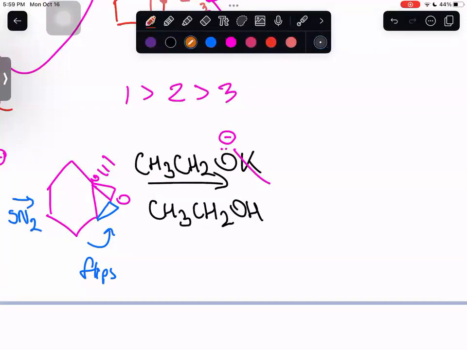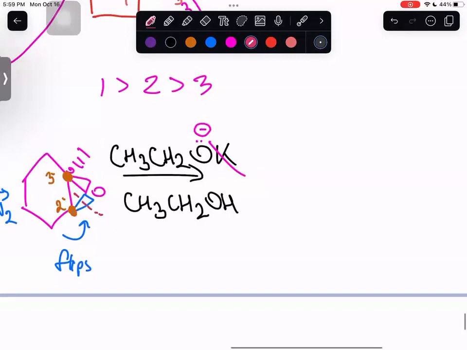Okay. Let's look at each carbon. The top one. What kind of degree is it? Beautiful. Bottom one. Secondary. Which one am I going to cleave? Top or bottom? Bottom. So I'm just going to cleave that one.